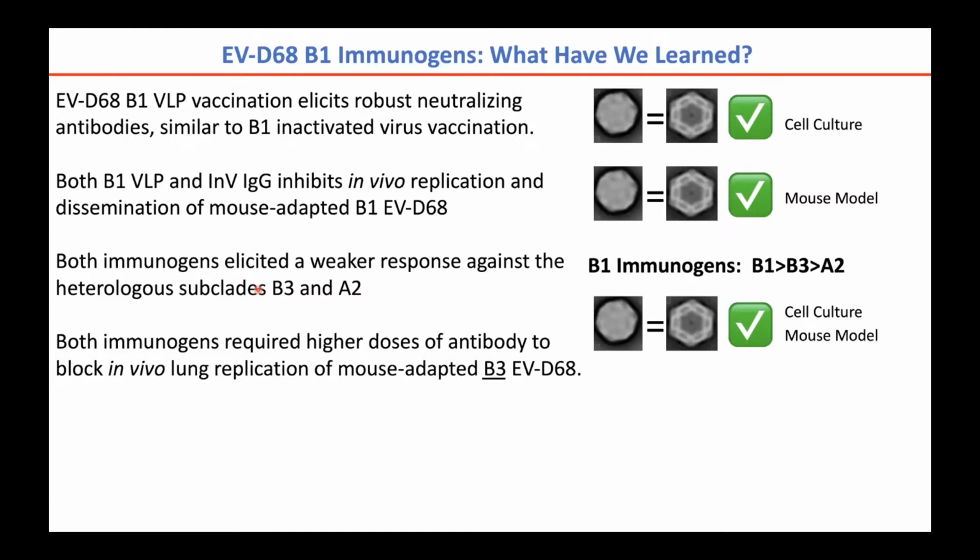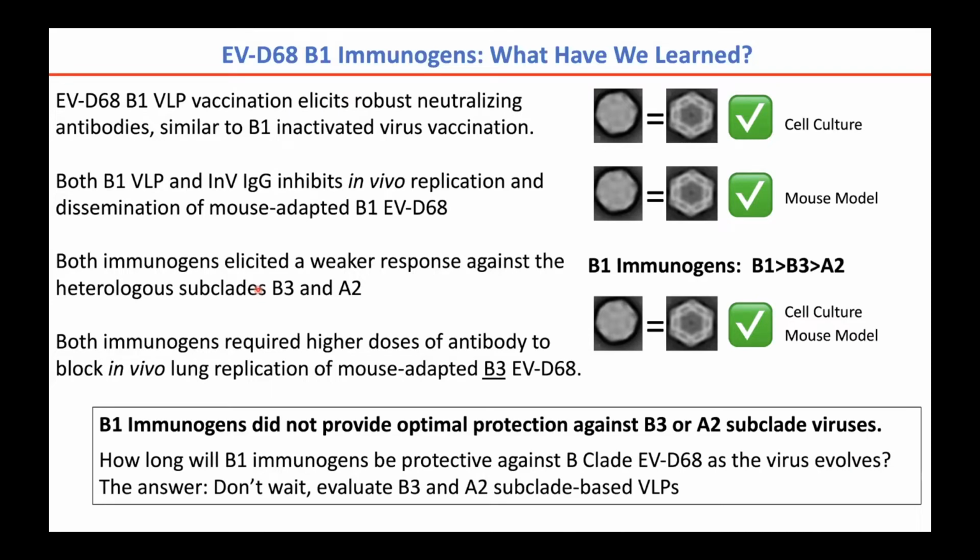But both of these immunogens are eliciting weaker responses against the heterologous subclades. And this is recapitulated in vivo, where the B3 mouse-adapted virus required much higher doses of antibody to block the lung replication of the B3 mouse-adapted virus. So we conclude from these studies that the B1 immunogens did not provide optimal protection against these heterologous subclades.